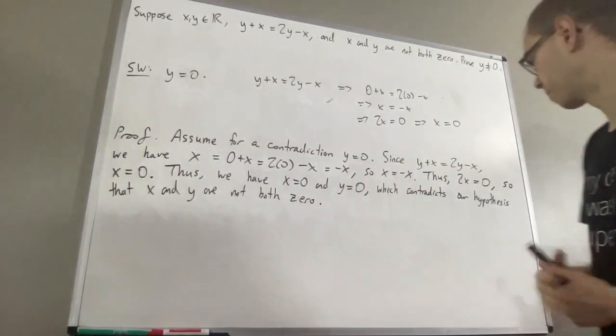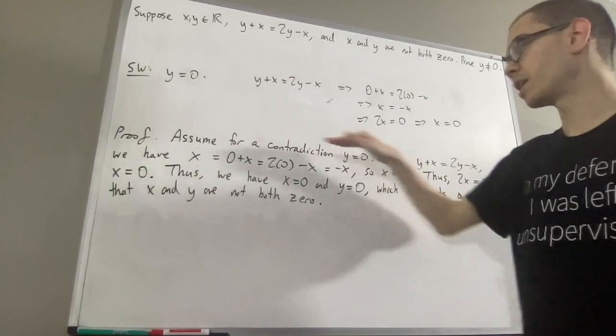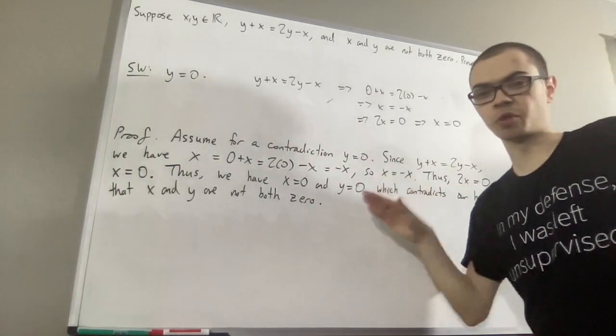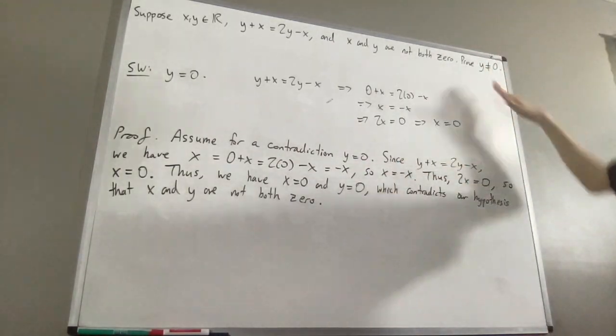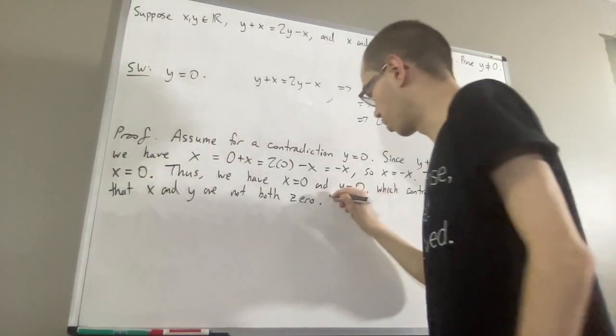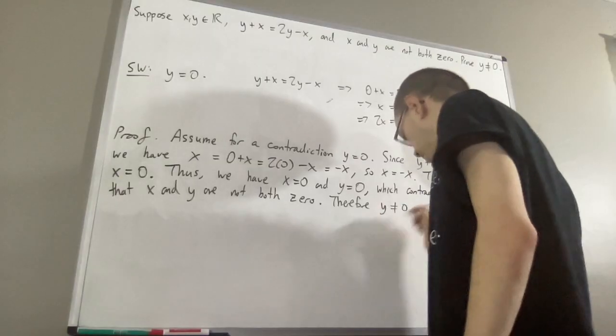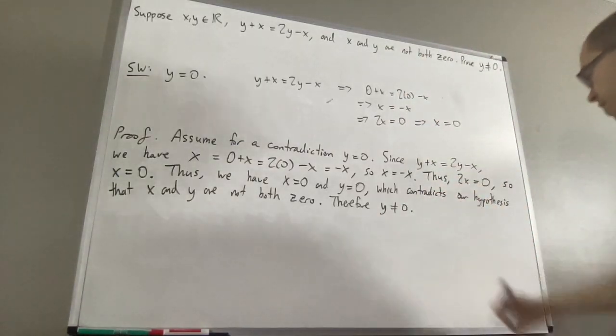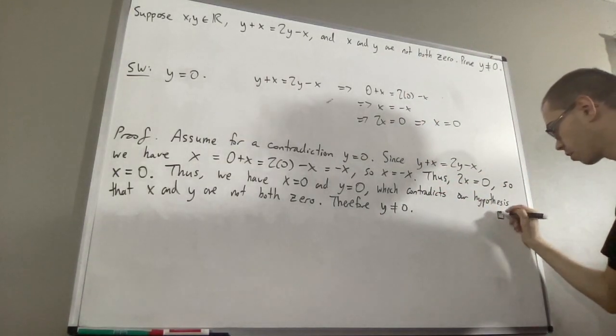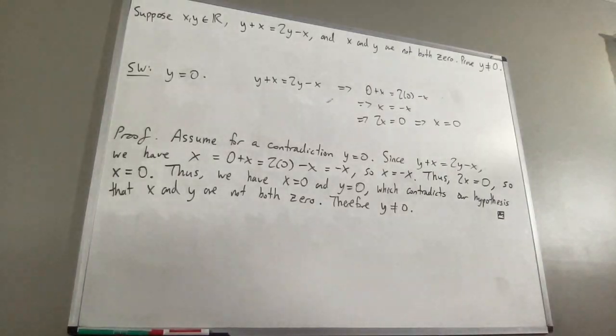So we've reached a contradiction. Our assumption that y is equal to 0 led us to a contradiction, so we must instead have that y is not equal to 0. So I'm going to write therefore, y is not equal to 0. So that's it. This completes the proof.